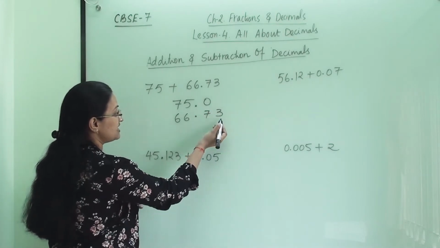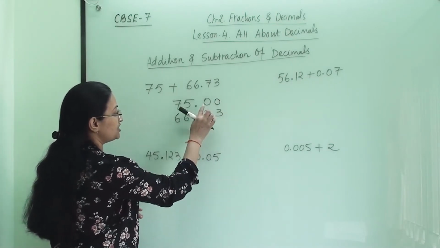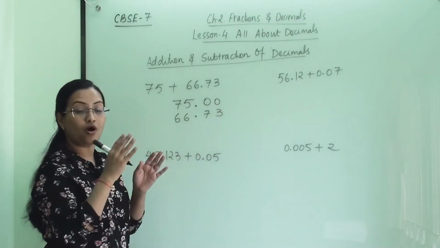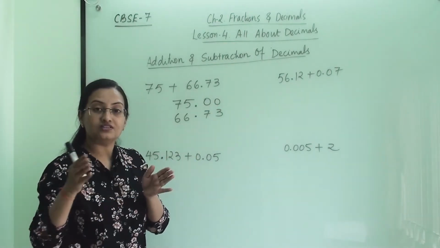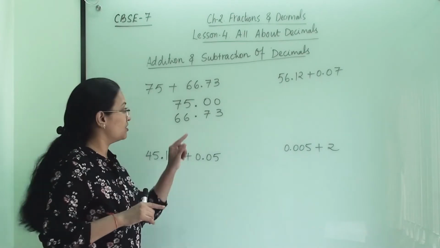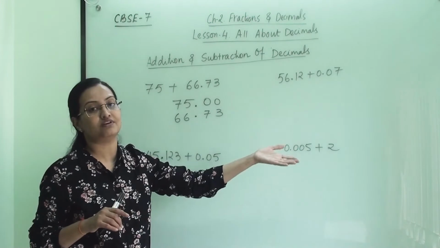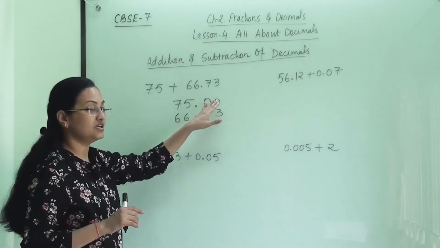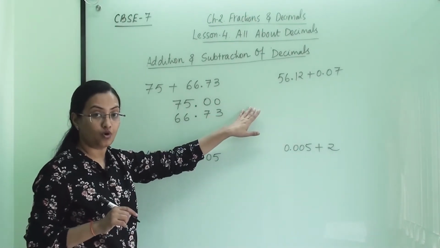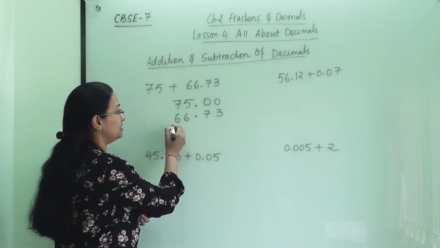Since there are two numbers after the decimal, we put two zeros. Zeros after the decimal point do not change the value, so 75.00000 is equal to 75. We can put as many zeros as we want to match the number below.